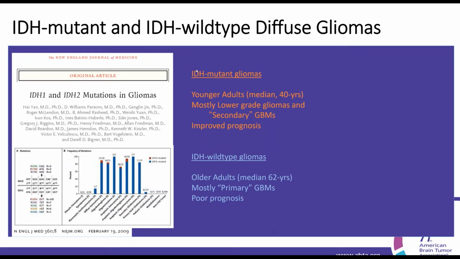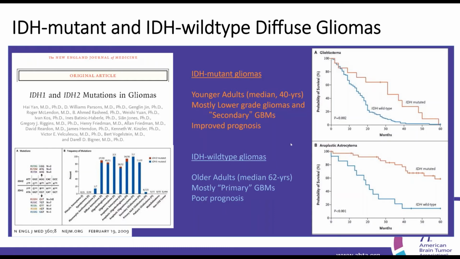The presence of an IDH mutation, as determined by DNA sequencing, was found to be associated with patients that were younger, patients that had diffuse gliomas that progressed slowly and became secondary glioblastomas, and overall the tumors had a better prognosis than those tumors that didn't have IDH mutations.